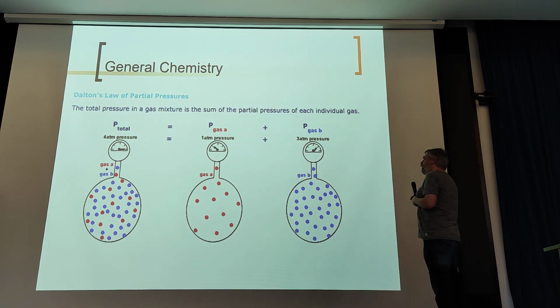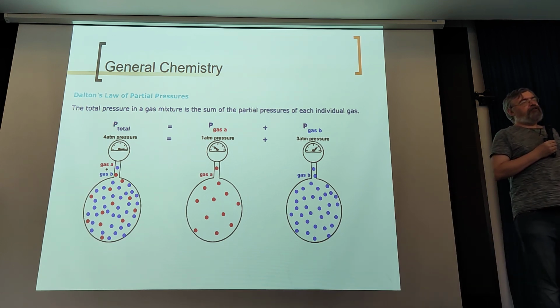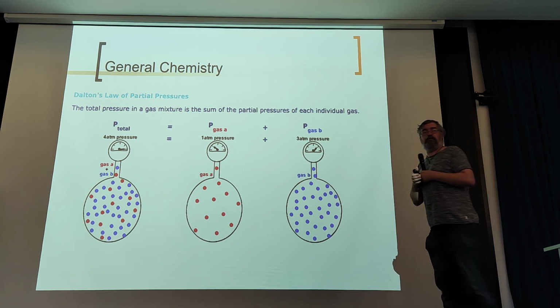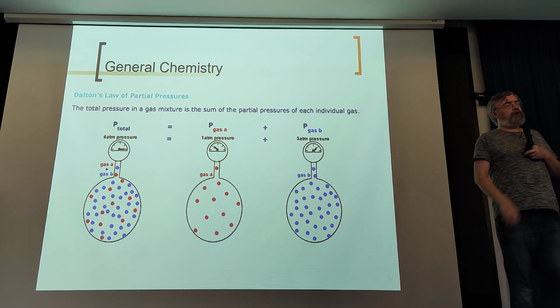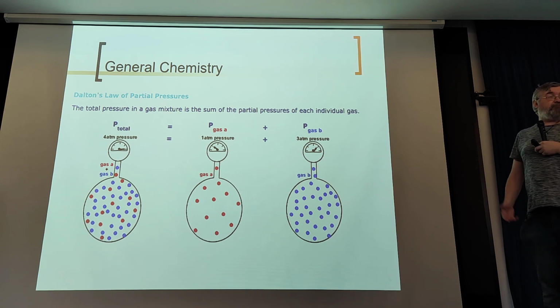If you wanted to show it in a picture, you can see it like that. Here there is a cylinder with two gases, A and B, red and blue. You have a total pressure of 4 atmosphere, for instance.